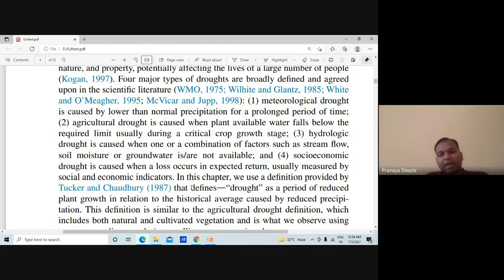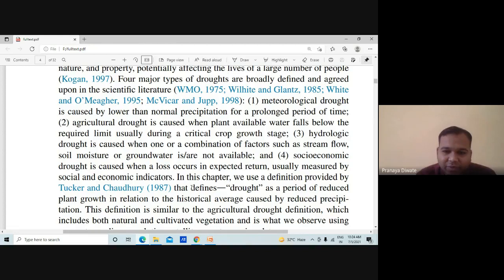Then you have agricultural drought, which is caused when plant available water falls below the required limit, or when one or a combination of factors such as stream flow, soil moisture, and groundwater are not available. Socio-economic drought is caused when a loss occurs in expected return, usually measured by a socio-economic indicator.